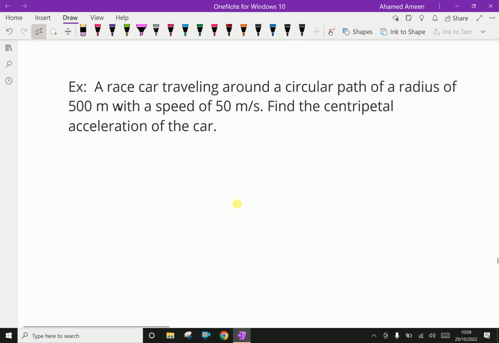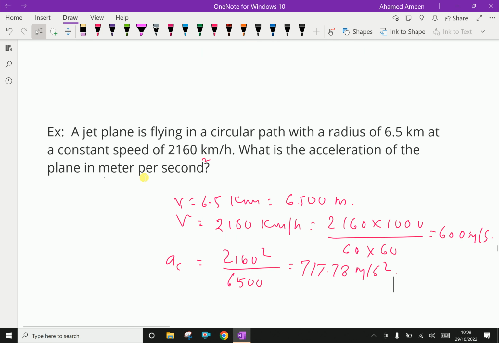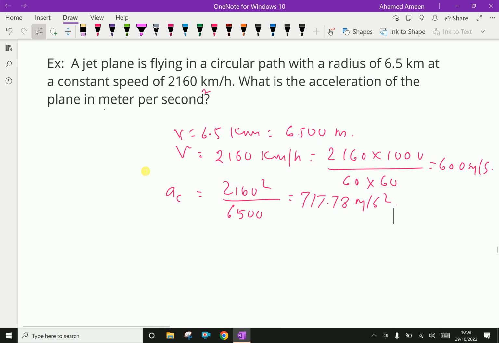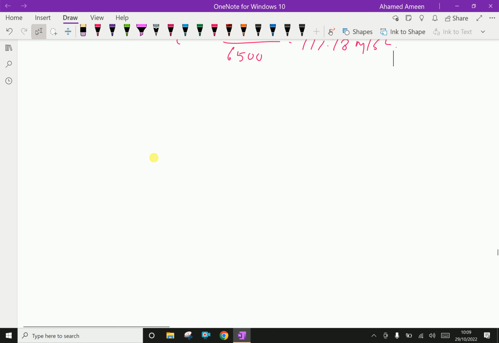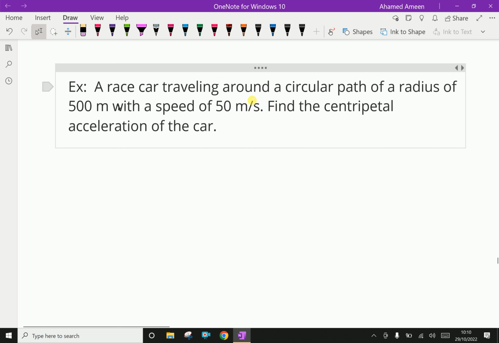Next question. A race car is traveling around a circular path of radius 500 meter with a speed of 50 meter per second. Find the centripetal acceleration of the car.